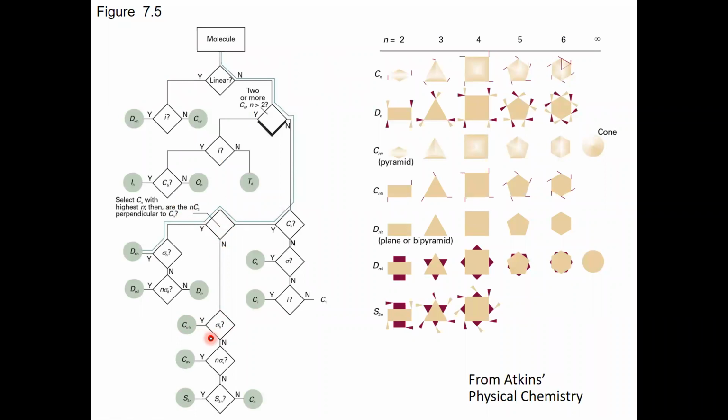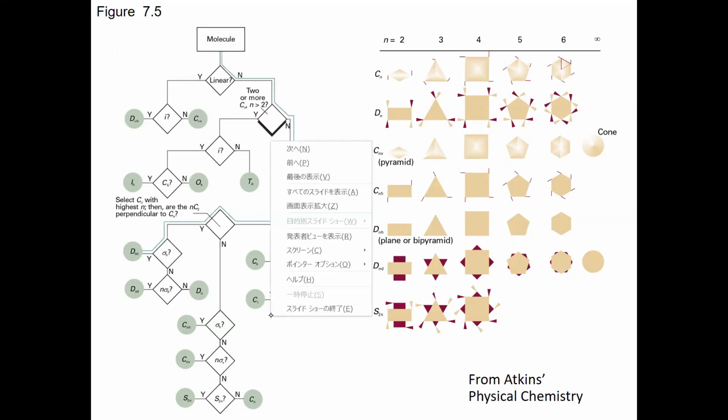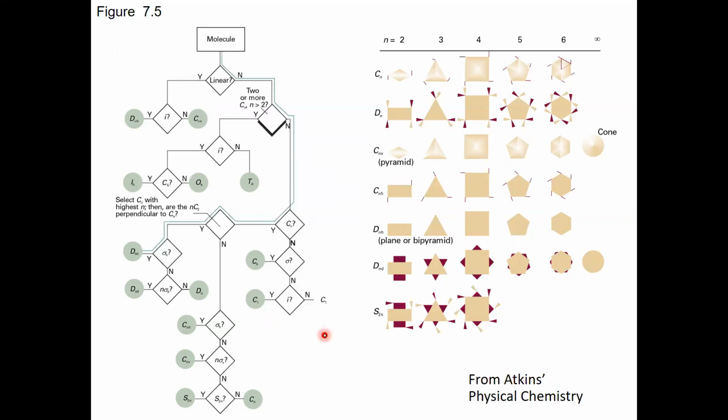Like this, you can now categorize each molecule into each group by using the flowchart, and actually these flowcharts can be integrated into software. What you have to do is draw the molecules in the software, and the software judges, based on this kind of chart, what the category is.